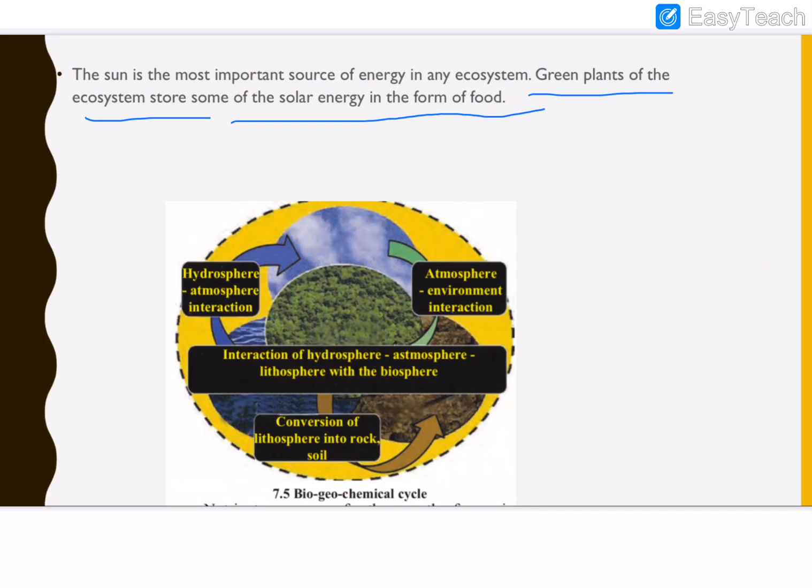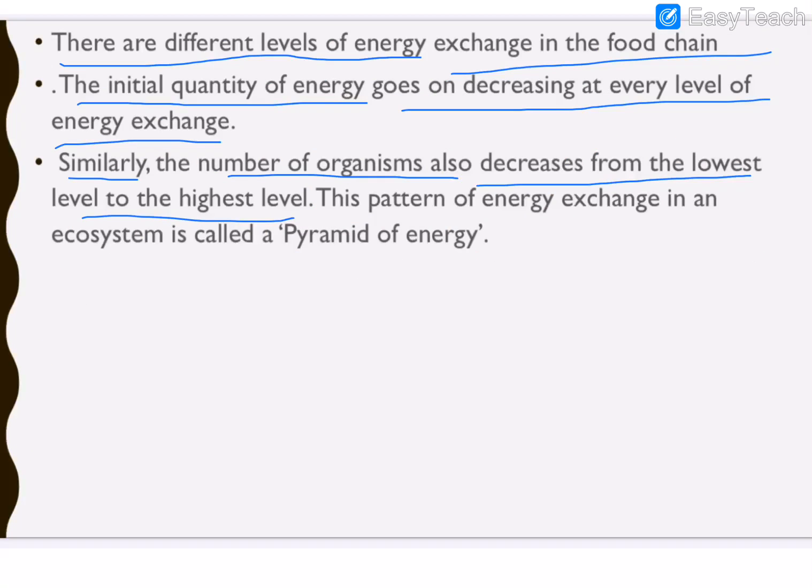So from the sun we receive the energy. Plants receive the energy from the sun as solar energy and store it in the form of food, and the decomposers give out some amount of energy as heat, and no part of the energy returns to the sun. Such a passage of energy is one way, since no energy is returning to the sun.